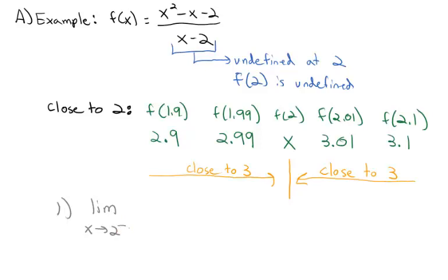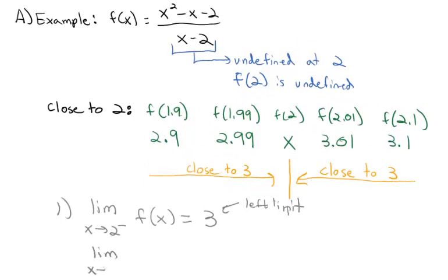If we come from negative infinity and get closer and closer to the number 2, f of x gets closer and closer to the number 3. We call this the left limit.